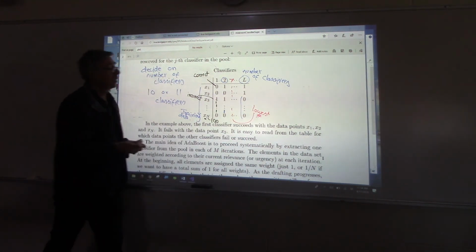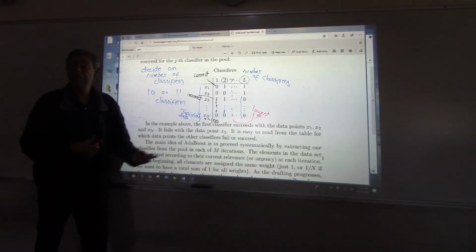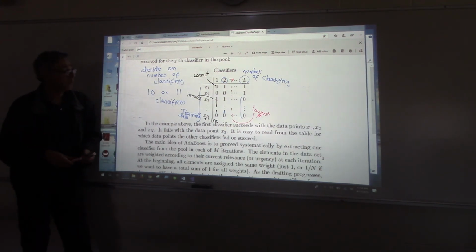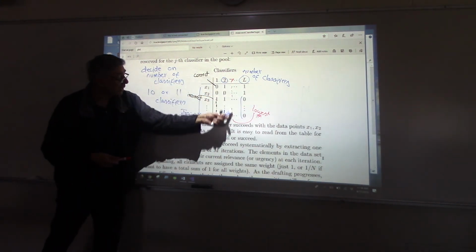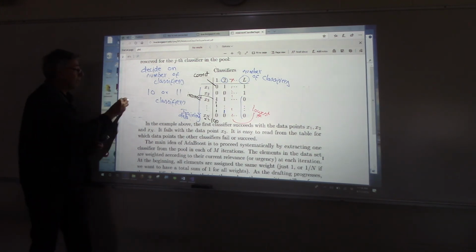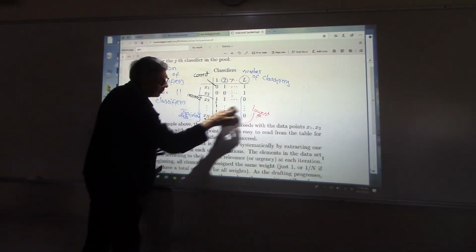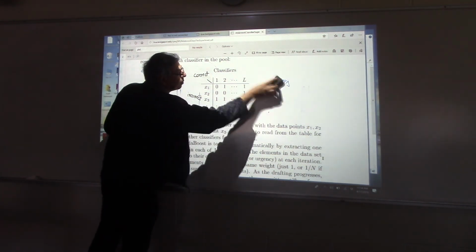Or we can calculate the probability also, right? There's no need for a probability, it's a simple counting over here, right? So if the sum of this column came out to be the lowest of all, then classifier 7 will be our very first classifier that we pick. Okay. So anyway, this part is pretty straightforward.